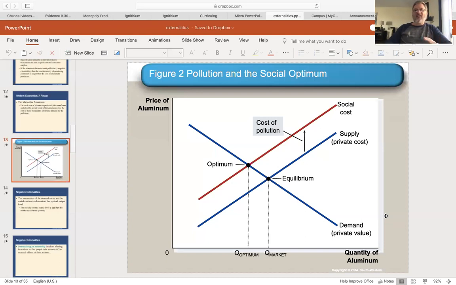The idea is that if the person that's smoking benefits more than the total costs, including the private costs and the cost to third parties, then it's still economically beneficial to allow that person to smoke.